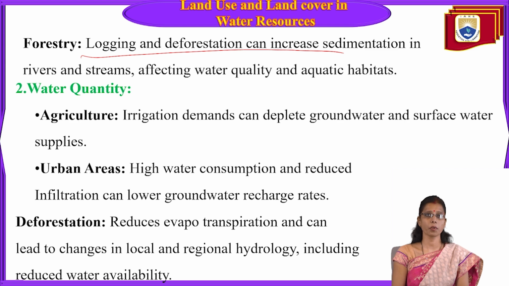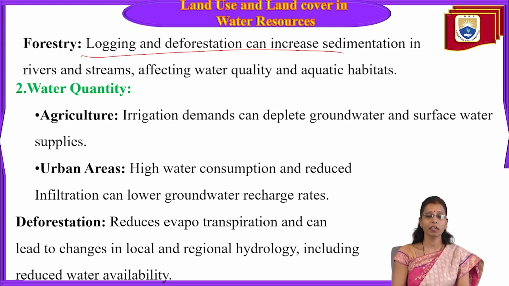A lot of problems happen due to deforestation, because deforestation leads to soil erosion. Due to soil erosion, a lot of topsoil will run off along with the water, and it goes and settles in the streams and the main streams of the water resource, which is a major problem. So sedimentation will be increasing.